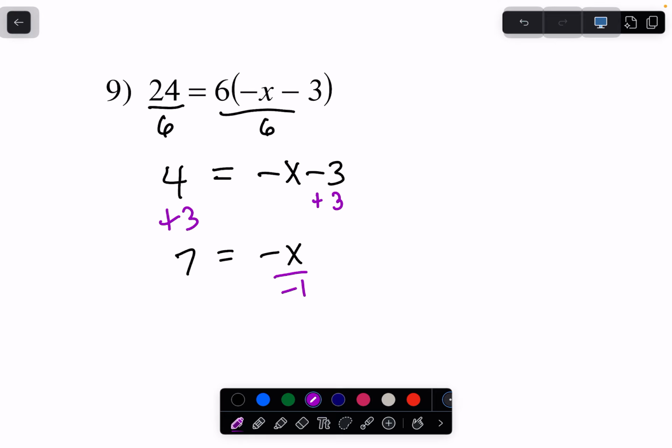Just divide both sides by that negative. You're technically using negative 1. If you like to put a little 1 there to see that that's really negative 1 times x, put the 1 there. And then you're going to divide off that value of negative 1. So 7 divided by negative 1 is negative 7. And then you can see that the negatives cancel nicely, and you're just left with an x. Good? 9 good?